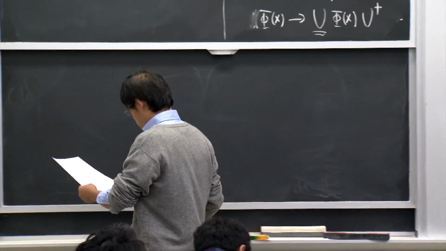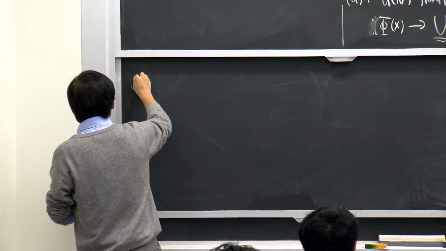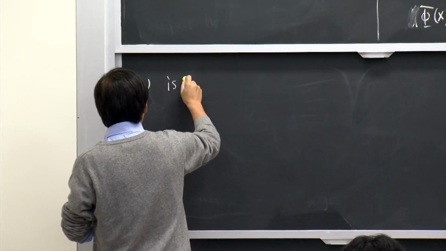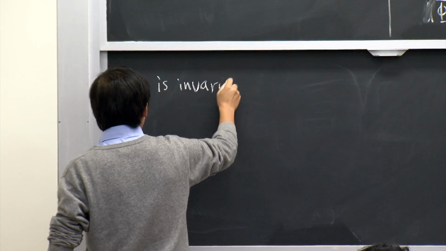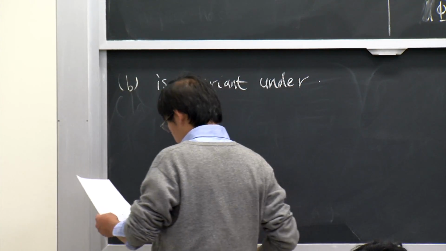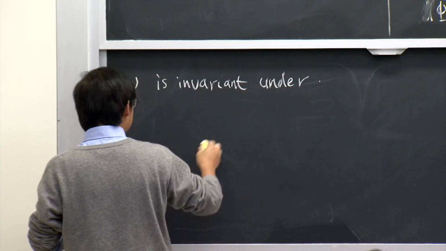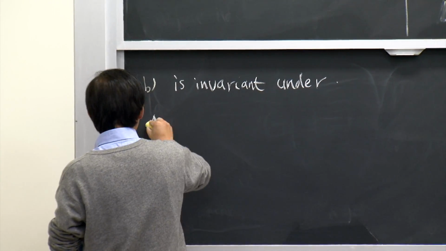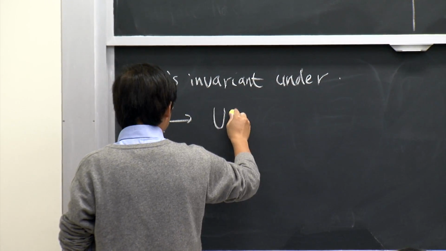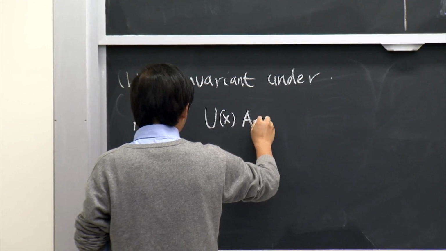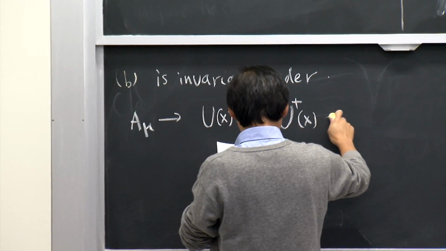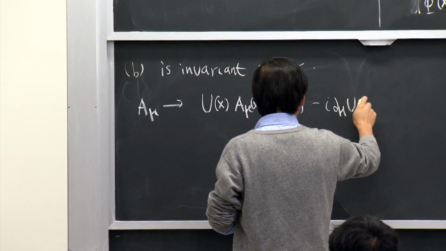B is invariant under a local symmetry, a local U(N) symmetry. A_mu is what makes up the F, with A_mu transforming as U A_mu U dagger minus i partial_mu U U dagger.